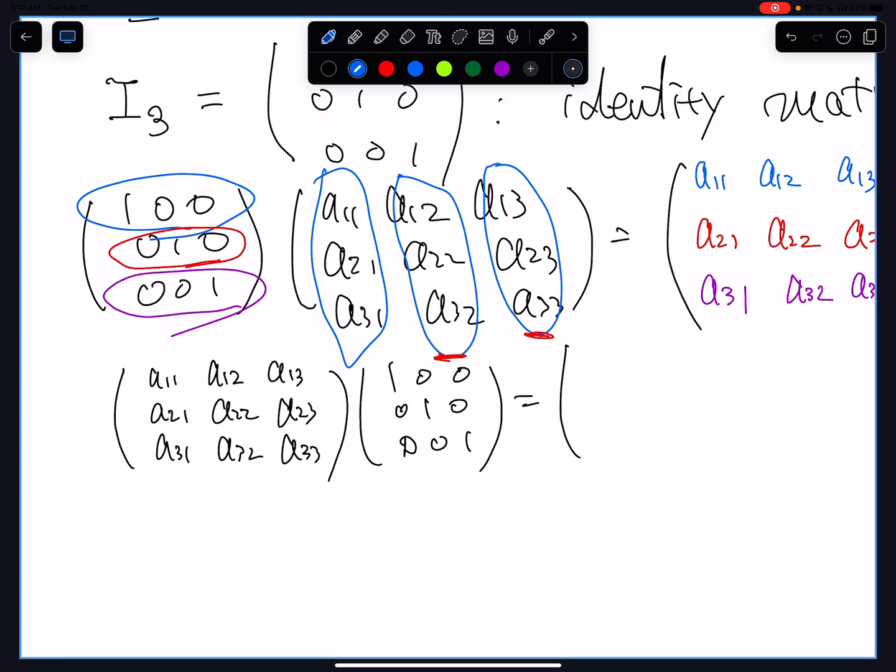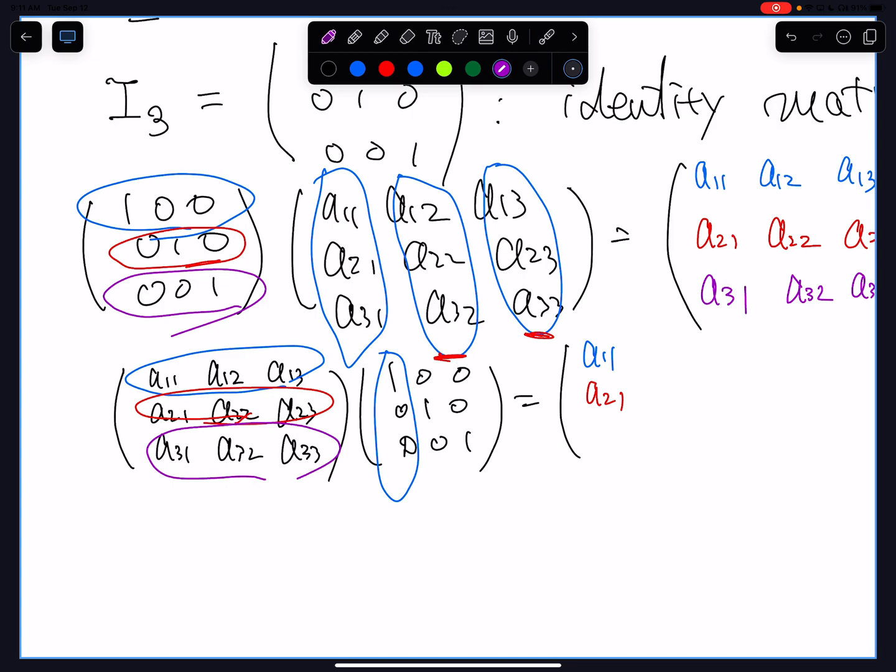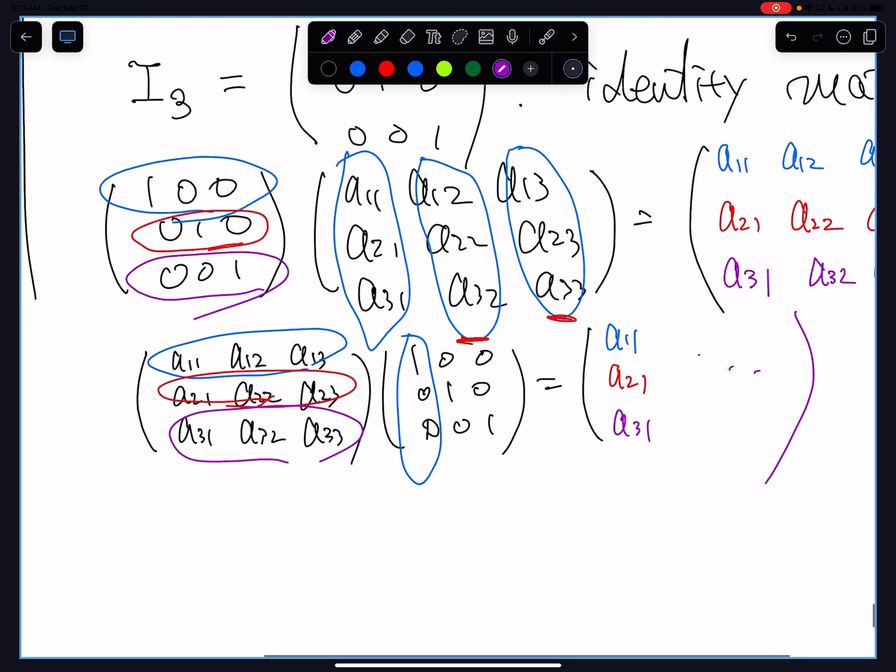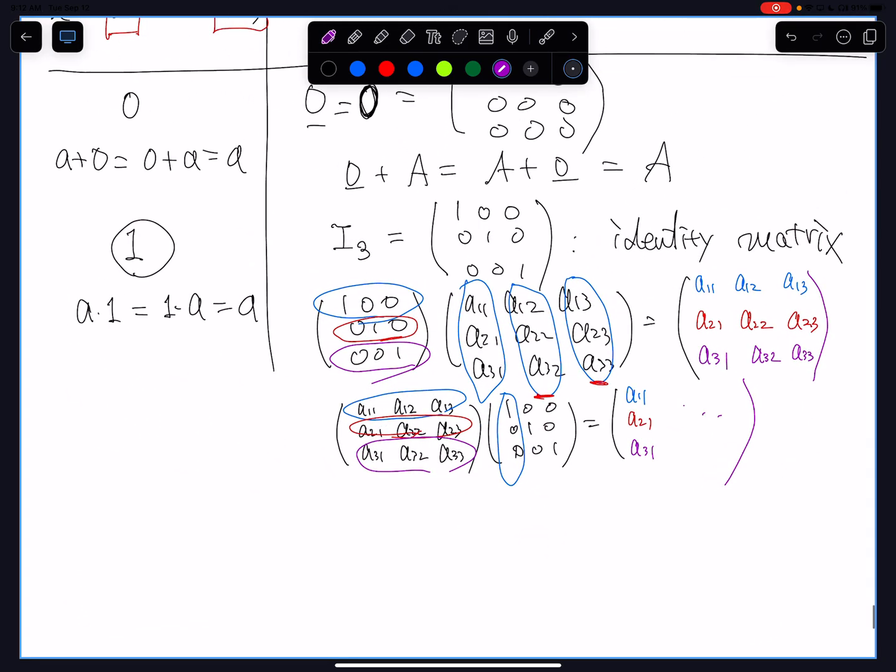Here you multiply this with this, you get A11, and you multiply with this one, then you get A21, and you multiply this one, then you get A31, and so on. So it's going to spit out the same matrix. This is the equivalent of number 1 in the real number system. So this is the identity matrix. So what else?